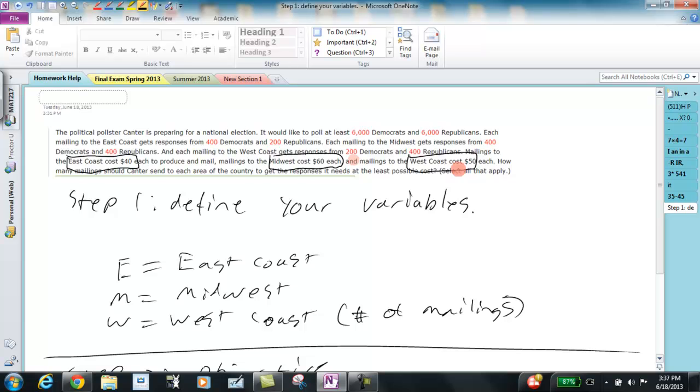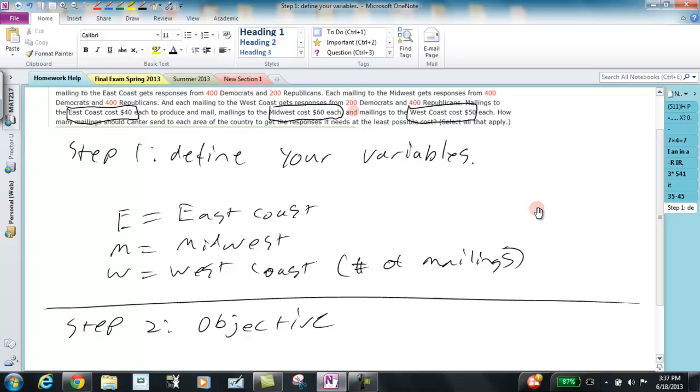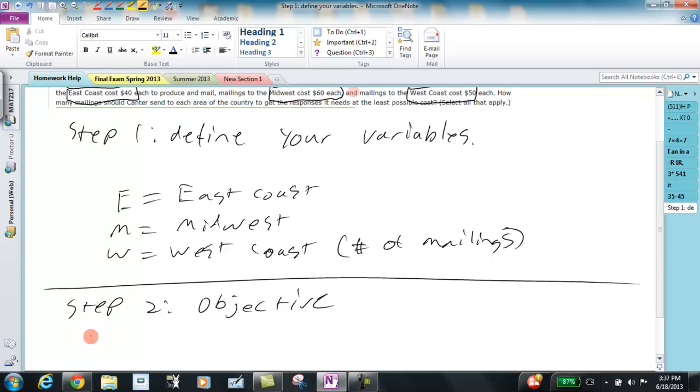So let's go ahead and fill those in. Our goal is to minimize cost, and so our cost is equal to East Coast, $40 per mailing. The Midwest will cost us $60 per mailing, and the West Coast will cost us $50 per mailing.